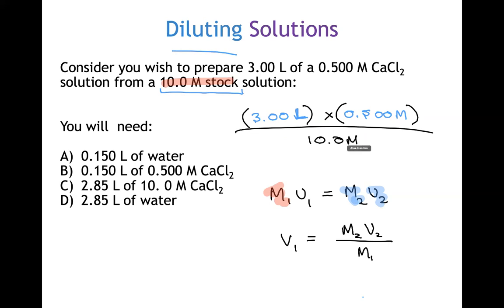That would give us the volume that we need. Notice molarity cancels out molarity. We're going to end up with the volume. So 3 times 0.5 divided by 10. What do you get? We'd get 0.15 liters.